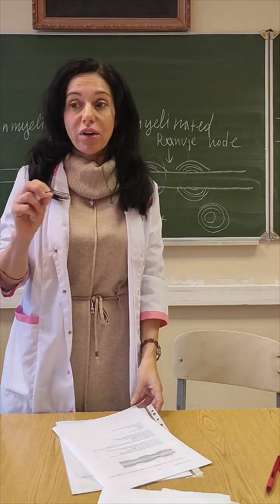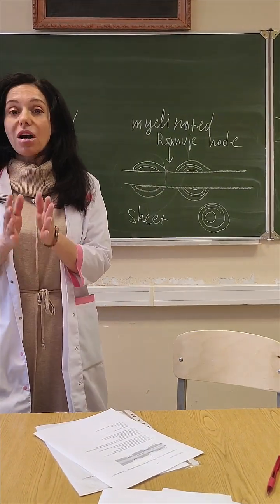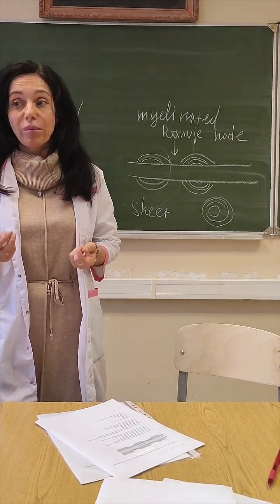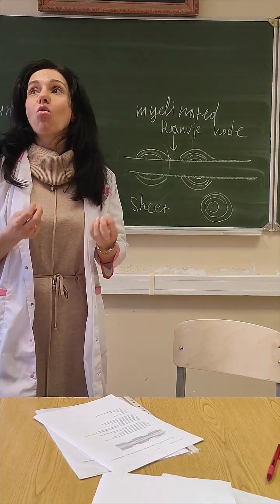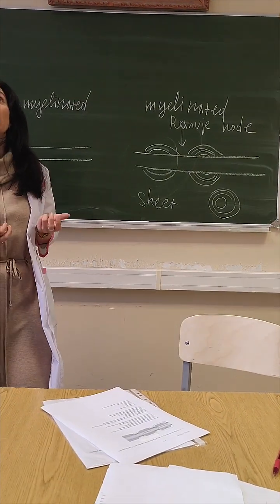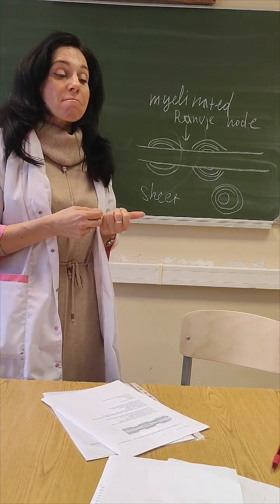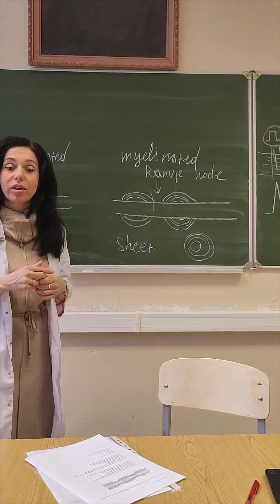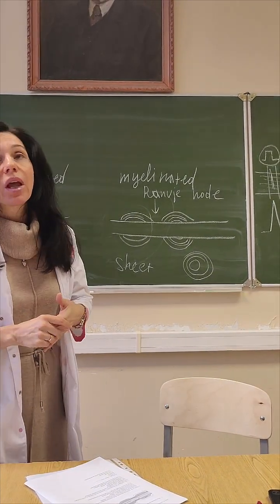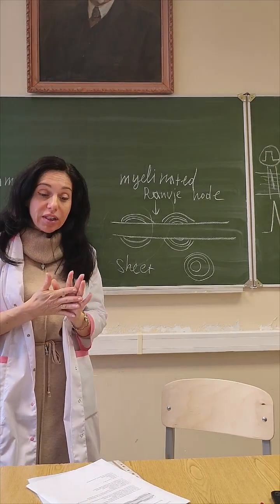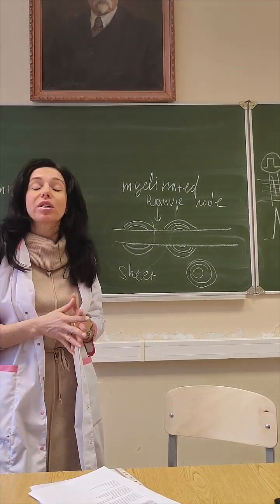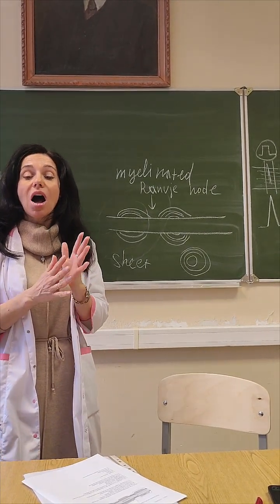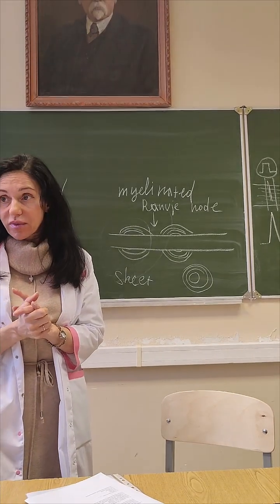Myelin sheath has many functions. The first is the trophic function, to supply nerve fibers with lipids, proteins, to provide reconstruction and renewal of membrane, glycoproteins, glycolipids, polysaccharides. The second function is to provide high electrical resistance.